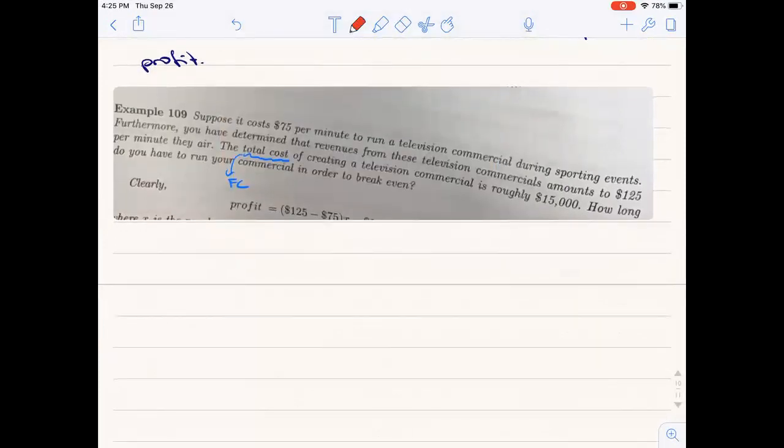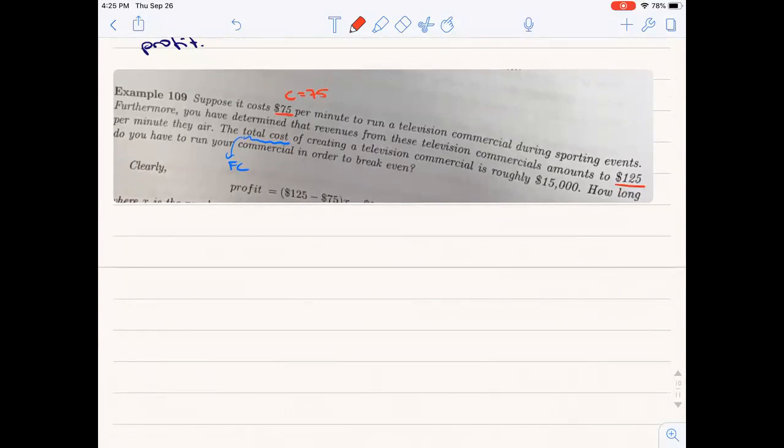And so we've got the cost to run, or to make, to run a commercial per minute is 75. And we're told that we essentially sell these minutes at 125. So P is 125, right?